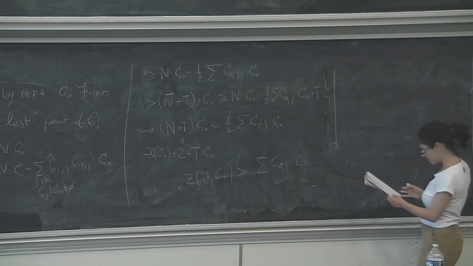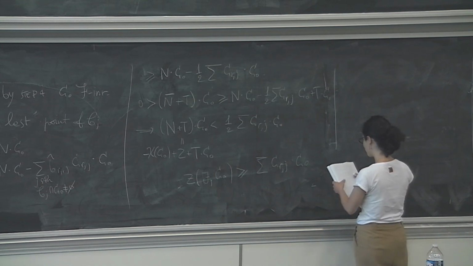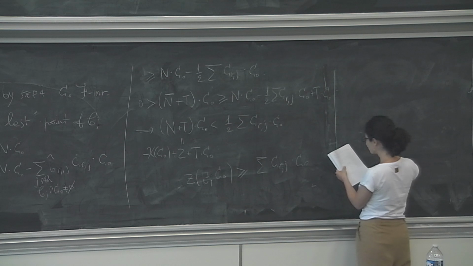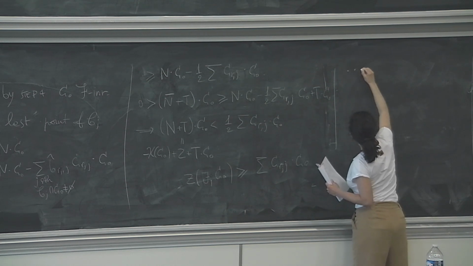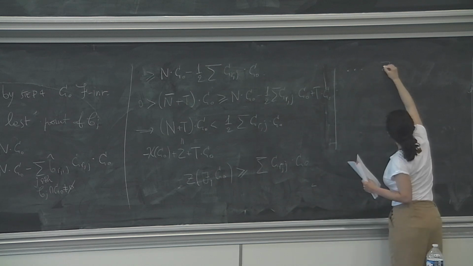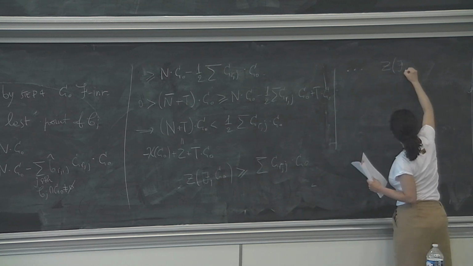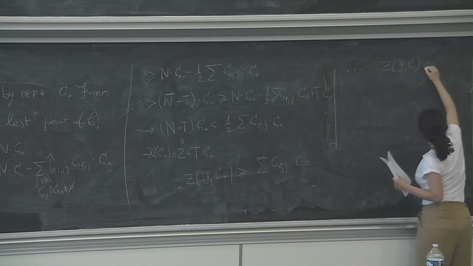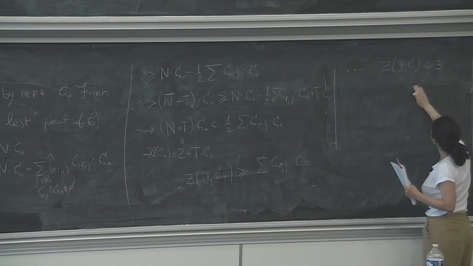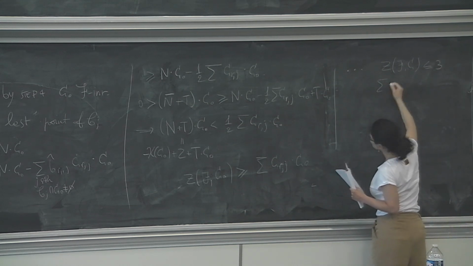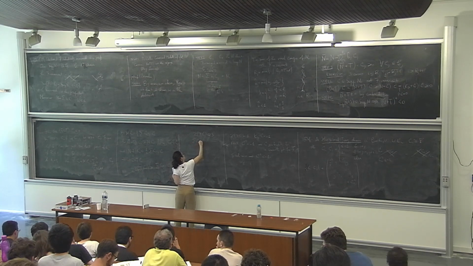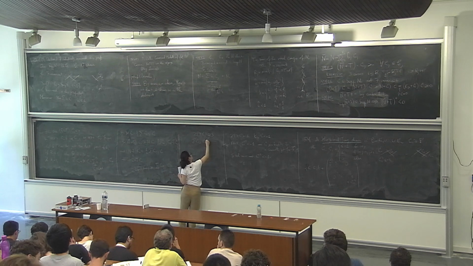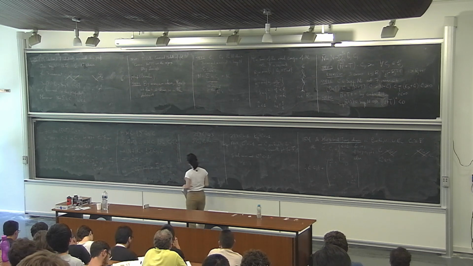So I'll skip some steps, but putting all these inequalities together, we find magically that Z must be at most 3, and that this intersection product is strictly positive.